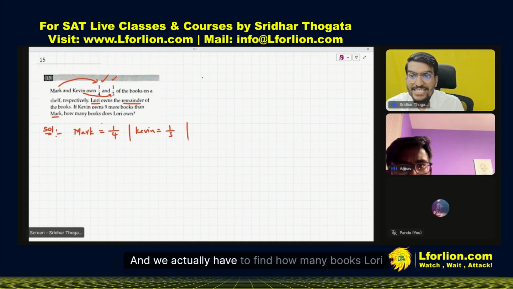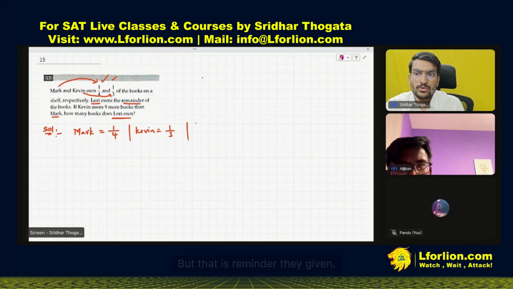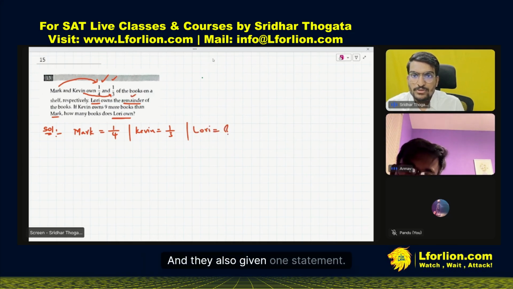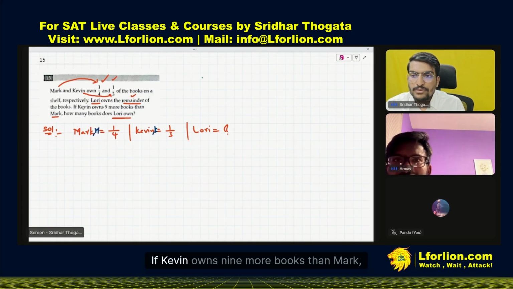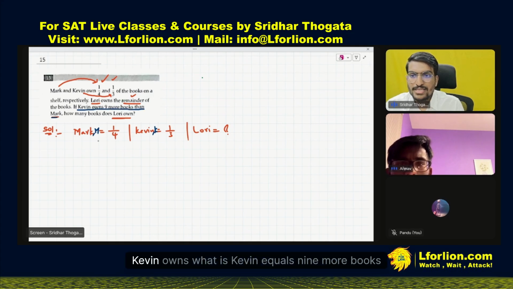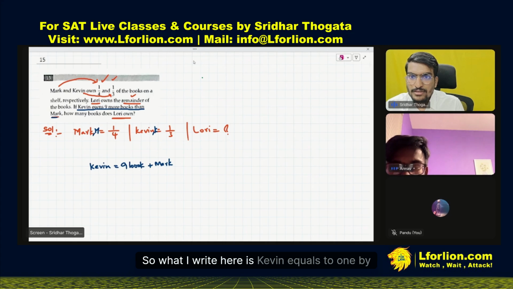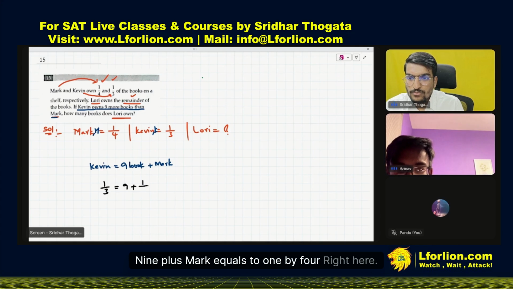We actually have to find how many books Lori owns, but that is the remainder, fine. In the end we have to find Lori's share. They have also given one statement: if Kevin owns 9 more books than Mark, what does it mean? Kevin equals 9 books plus Mark.